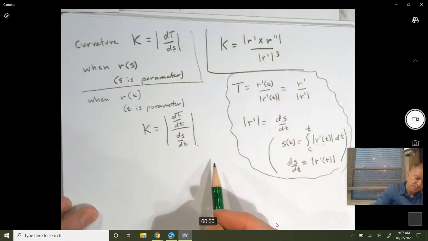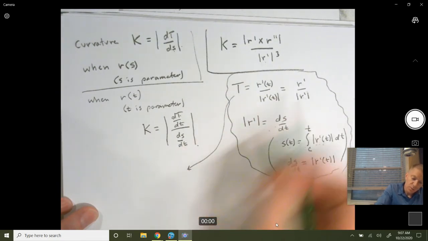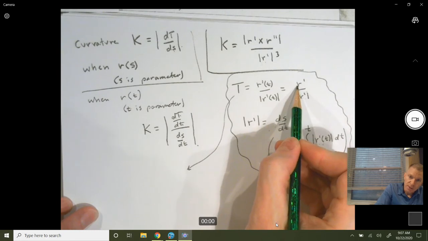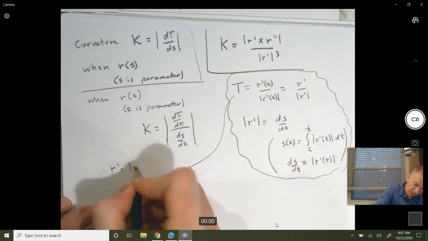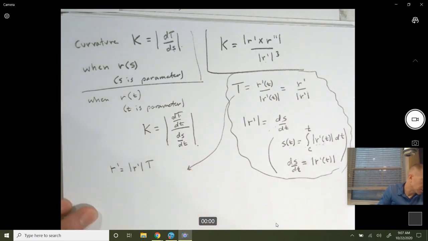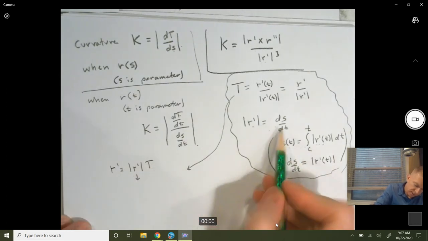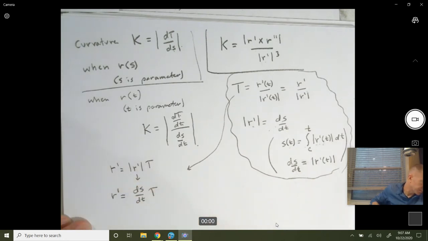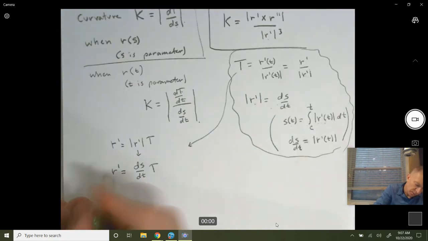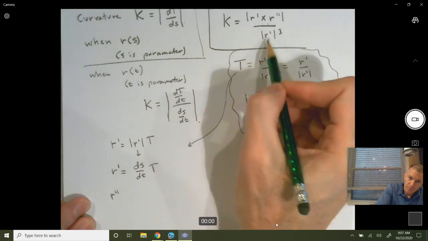Okay. Now, coming from this, we're going to start here. We can solve this equation to get r prime by itself. So r prime is equal to the magnitude of r prime times your unit tangent vector. Remember, the magnitude of r prime, we said, is ds/dt. So r prime is equal to ds/dt times your unit tangent vector. Okay, and if we want r double prime, because in this formula we've got an r prime and an r double prime.